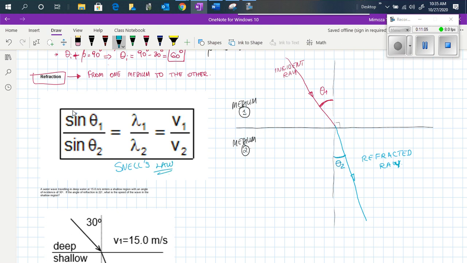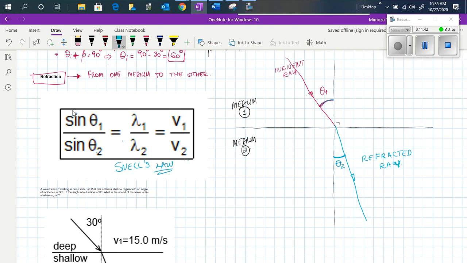It is saying that the ratio between sine theta 1 and sine theta 2 is the same as the wavelength on medium 1 over the wavelength on medium 2, and the speed on medium 1 over the speed on medium 2.